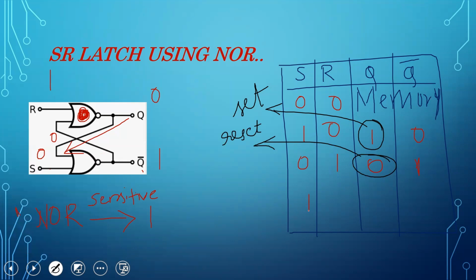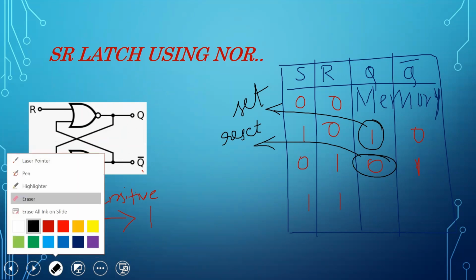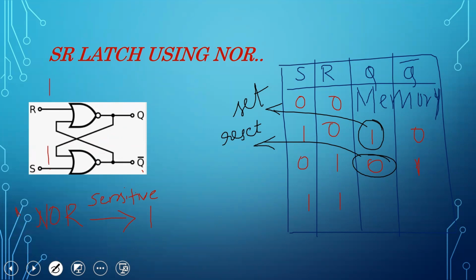Now the last condition is S is 1 and R is 1. As I said, NOR is sensitive to 1. This NOR and this NOR are both sensitive to 1, so both give output 0. Is this a valid case?